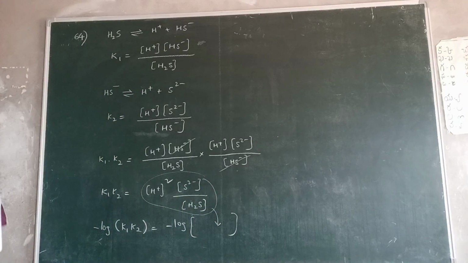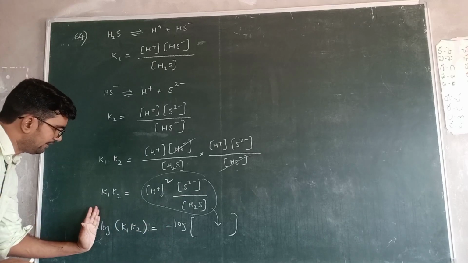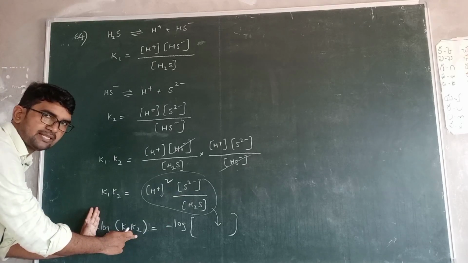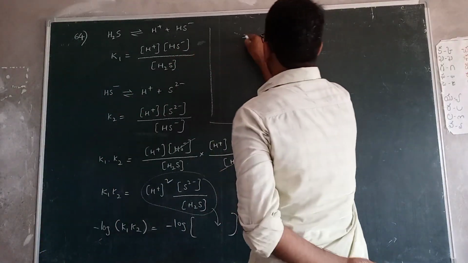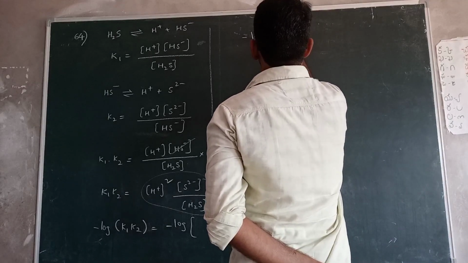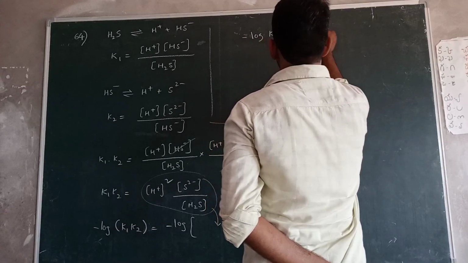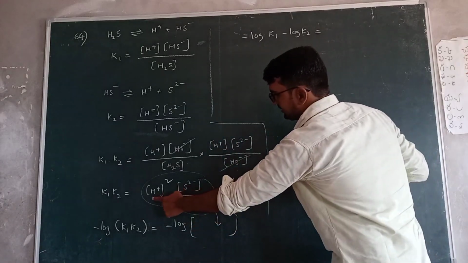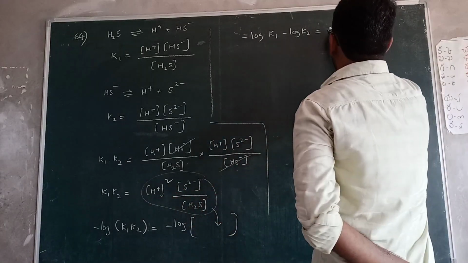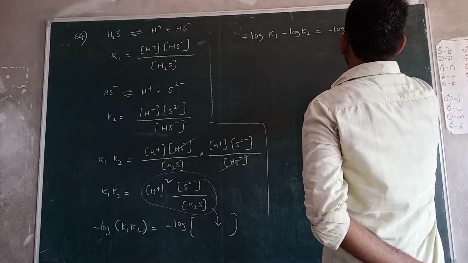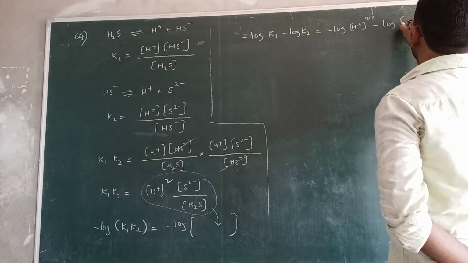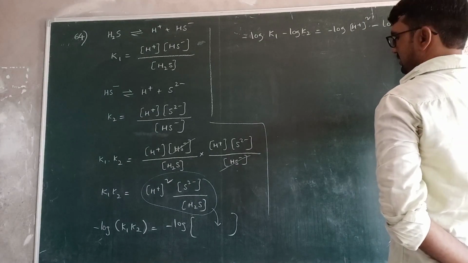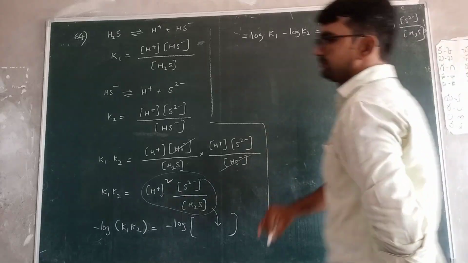How can we write this one? It is very simple. Log A into B is log A plus log B, but the minus is there. So minus log K1 minus log K2 is equal to minus log concentration of H plus whole square minus log concentration of S2 minus by concentration of H2S.